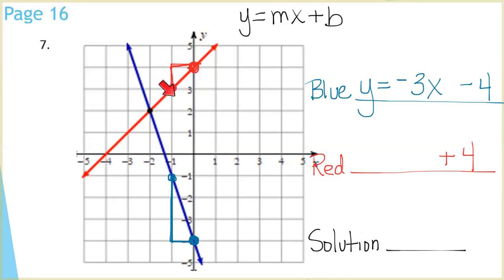So this has a slope of 1 because I'm going up 1, right 1, up 1, right 1. So my equation would be y equals 1x plus 4. And the solution is where they cross. This is where they cross. And that written as an ordered pair would be -2, 2.